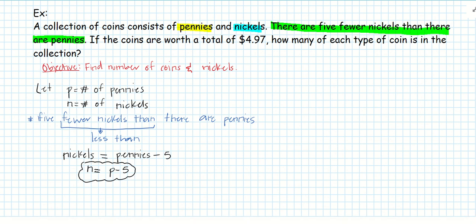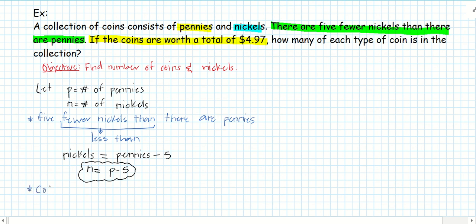Now let's look at the next sentence. The next sentence says that if the coins are worth a total of $4.97. So let's write it here.